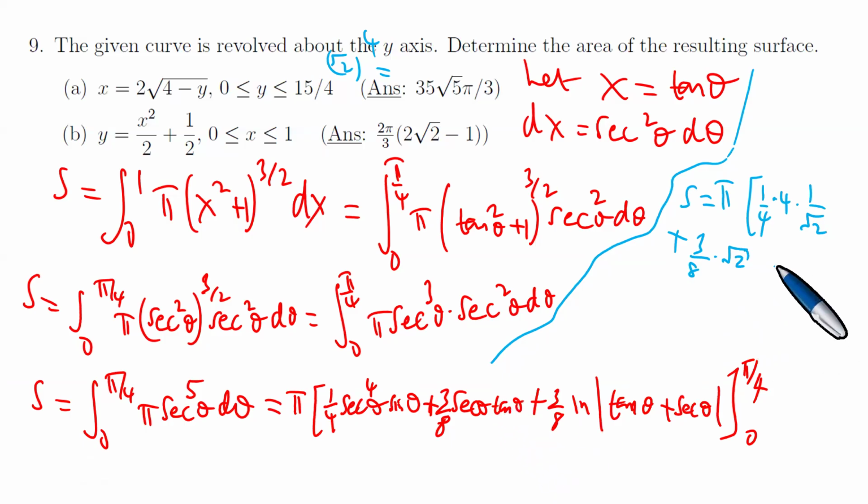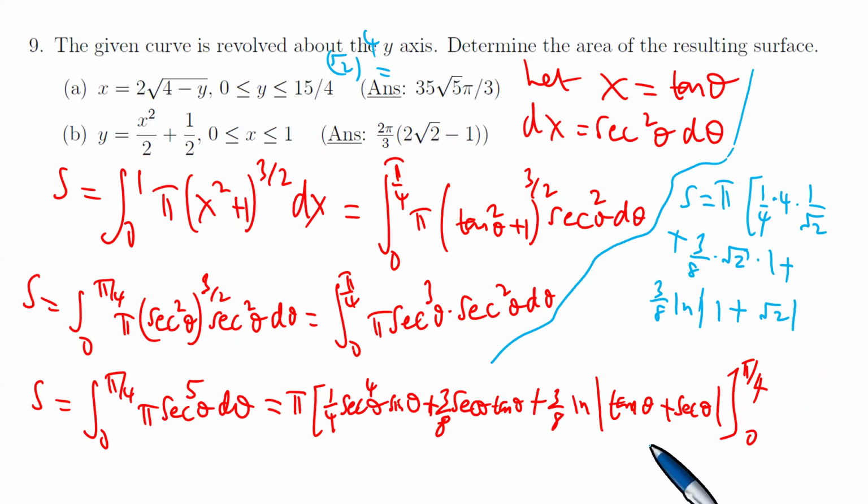The tan of pi over 4 is 1. And then this is exactly 3 over 8, the ln of the tan of pi over 4, which is 1, plus the secant of pi over 4, which is the square root of 2. Okay, so you put the 0, and this is going to be 0.